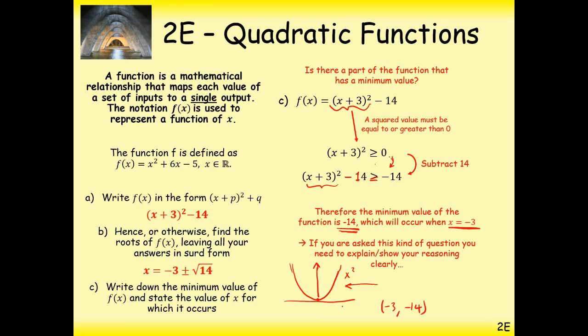The translation vector is written as -3 for the x value and -14 for the y value, like so. This is called a vector, and we'll see more examples of this in the future.